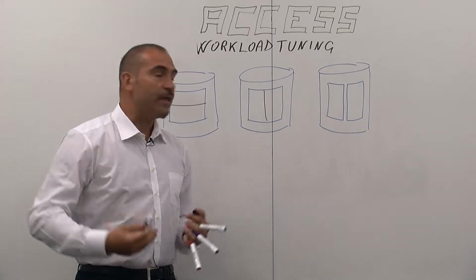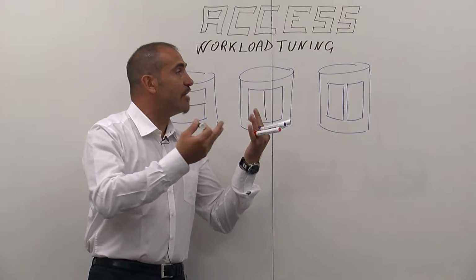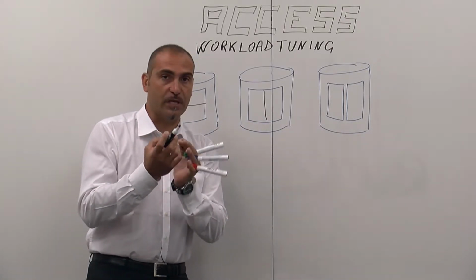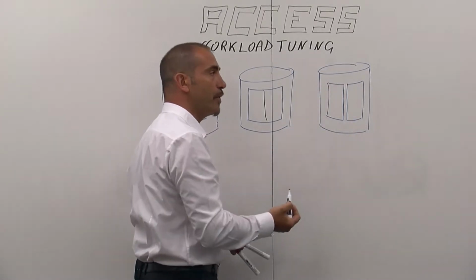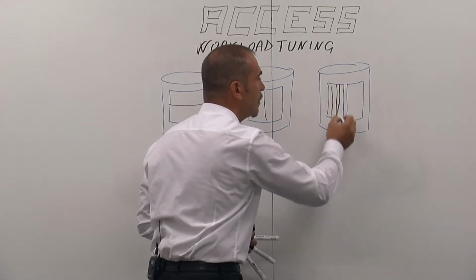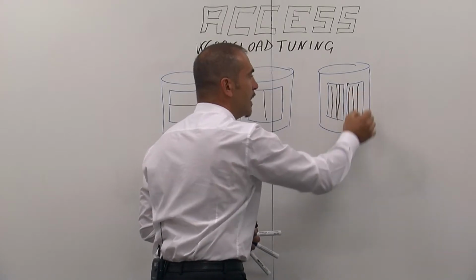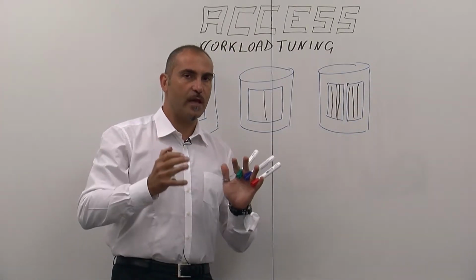Or if you need more availability, if you need your information to be stored in a more secure and safe way, you can use a mirror. In some cases, you can use, for example, a mirror of stripes or a mirror of concatenation with different layouts. So one of the first steps is to decide the layout.